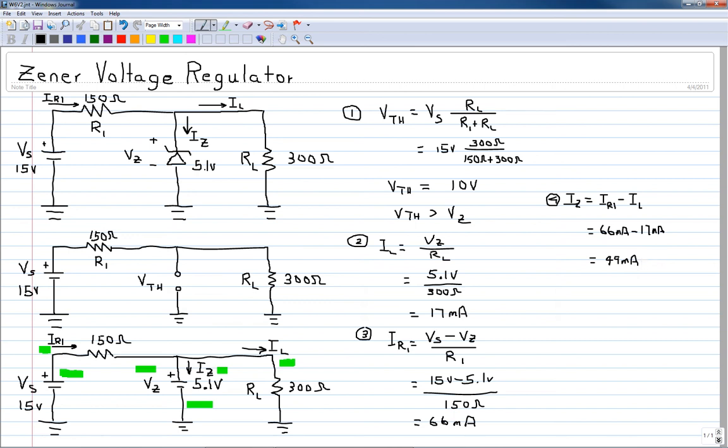This concludes the analysis of the Zener voltage regulation circuit.